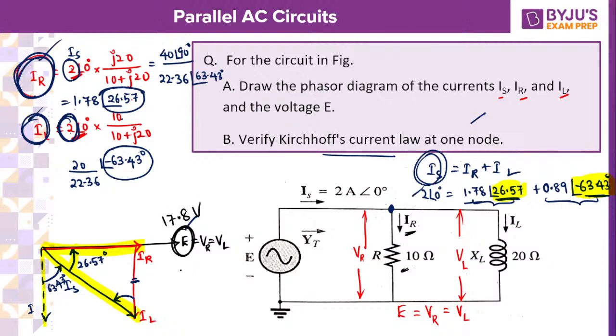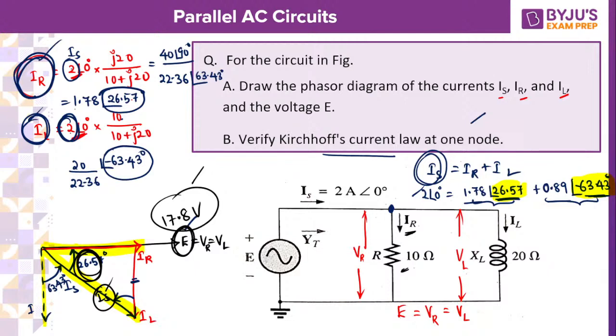Now you know the magnitude and you know the source current. This is the source current, right? The angle between source voltage and source current is 26.57. So 17.8 into total source current, 2 amperes, into cos of 26.57.